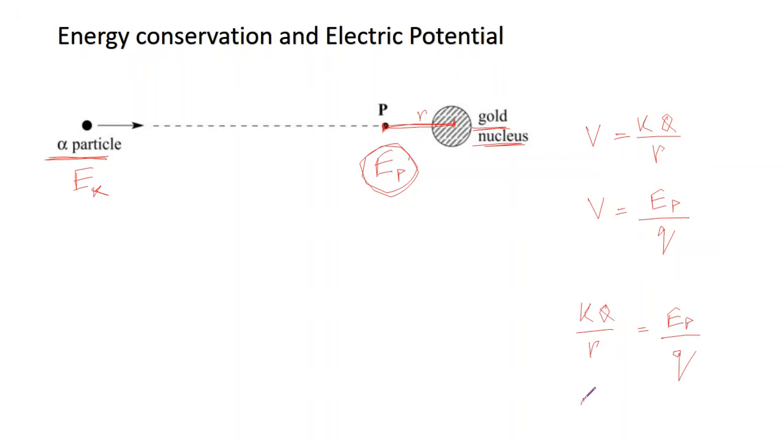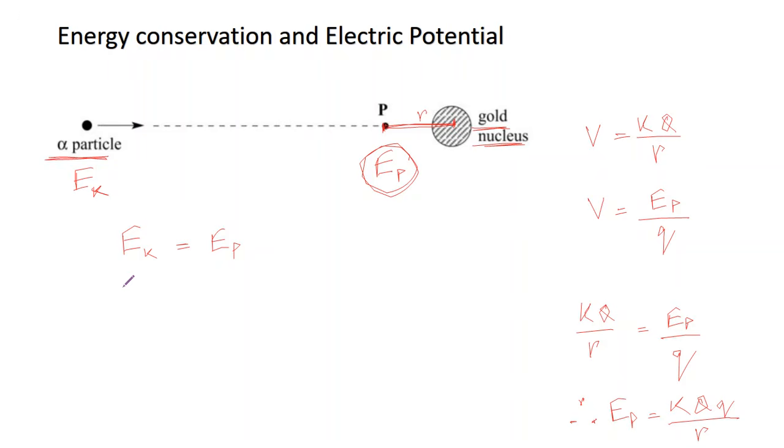So if I make ep the subject, ep will be equal to kq by r. And guess what, guys? Since energy is conserved, this kinetic energy is equal to electrostatic potential energy.